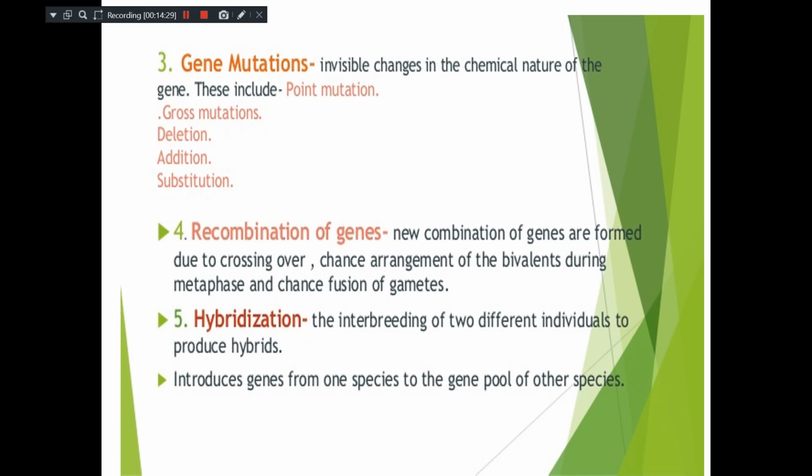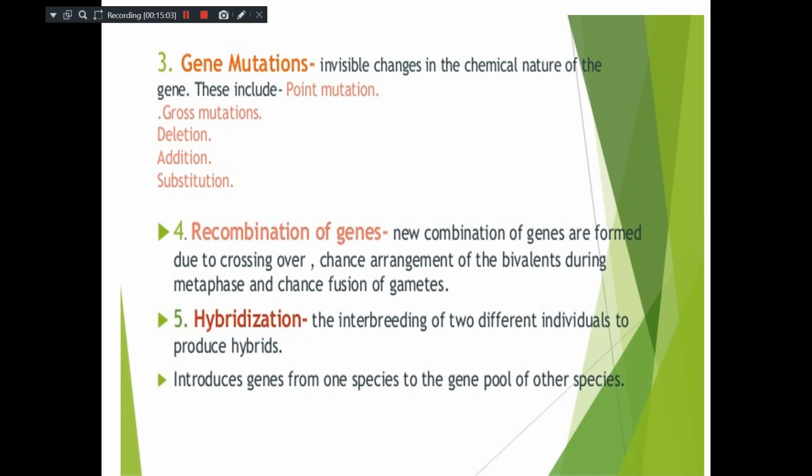Invisible changes that happen in the chemical nature of the gene, like point mutation. In that again, there are gross mutations, deletions, additions, subtractions. This is a change in the nature of the gene itself, not on the chromosome but at the gene level. So this is what we call gene mutation or point mutation. This can also bring variations in the population.